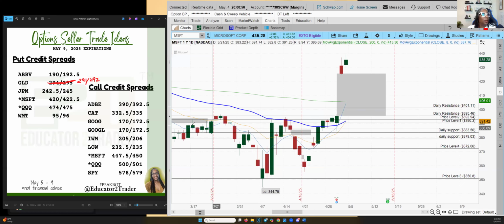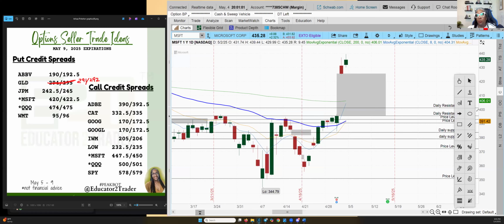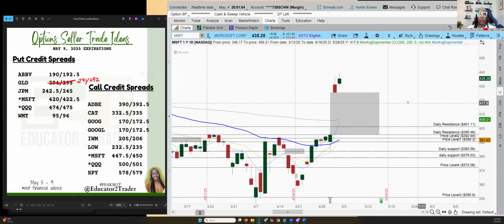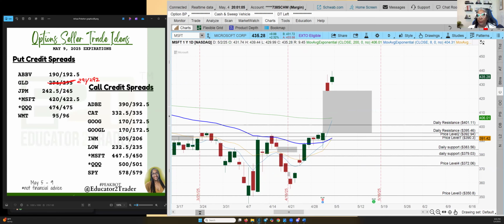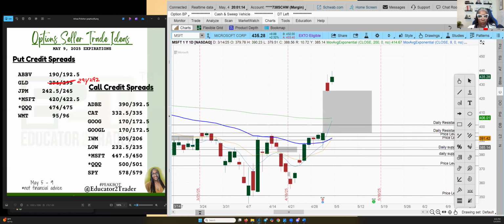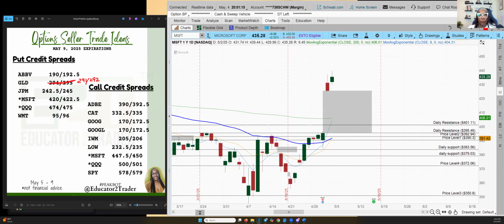If you're looking at the put credit spread, now this would be the difficulty. I guess you could call it a difficulty. I'll freehand it, but you'd want to look at maybe halfway through the gap, which is about here. That's about a halfway mark.